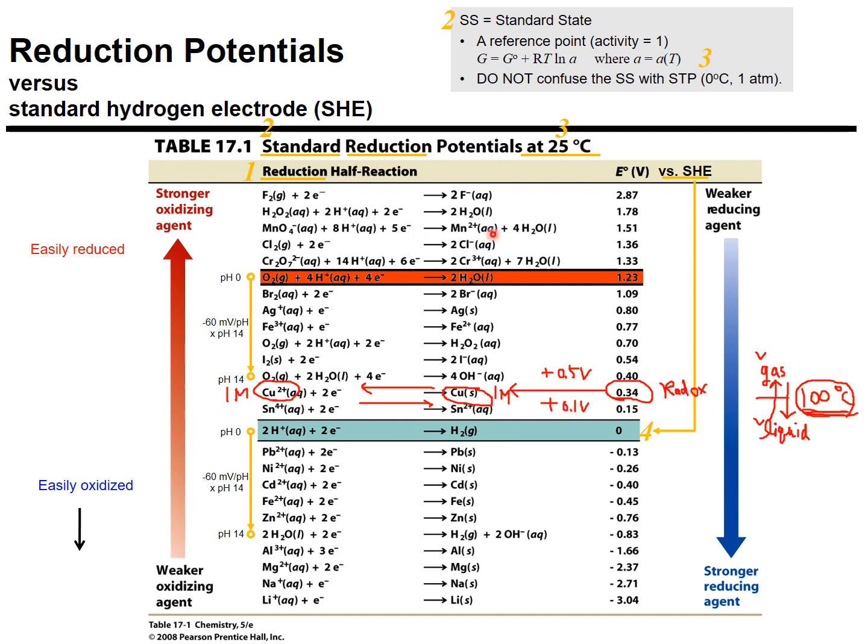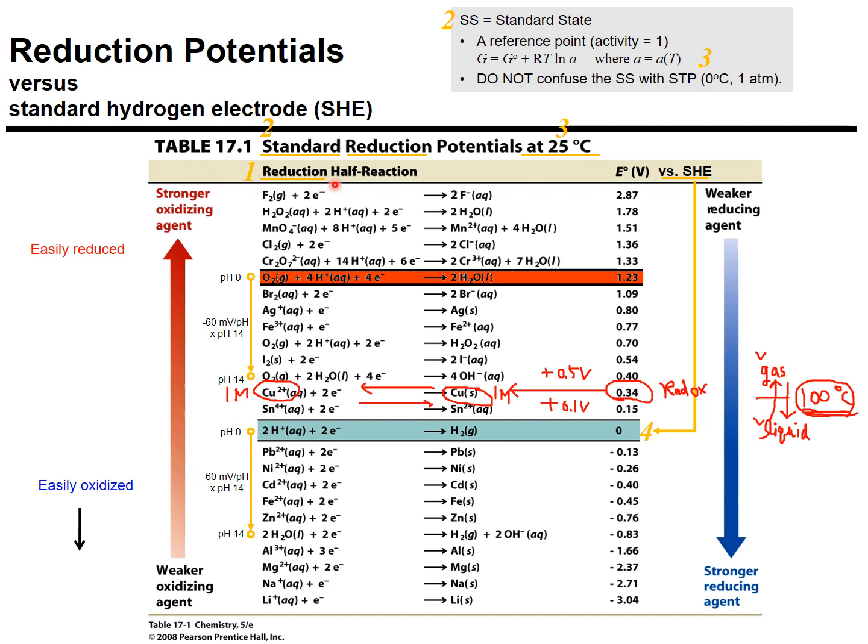Even if I have said, okay, here is some reduction potential of those various electrochemistry, it is not true. This value is not simply the reduction potential. This value is the standard reduction potential at 25 Celsius degree.